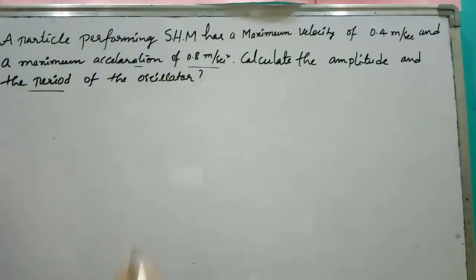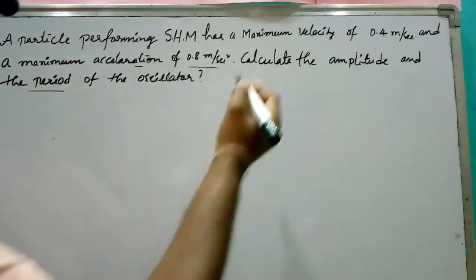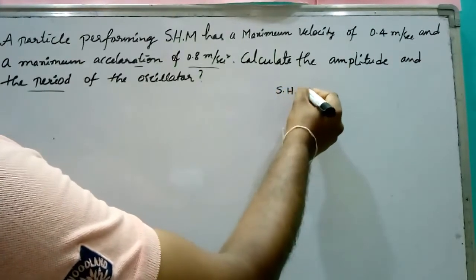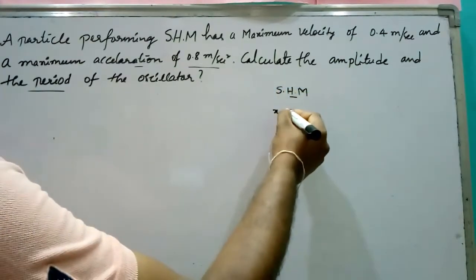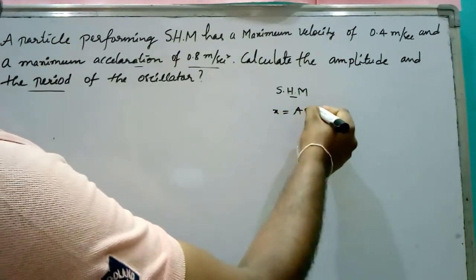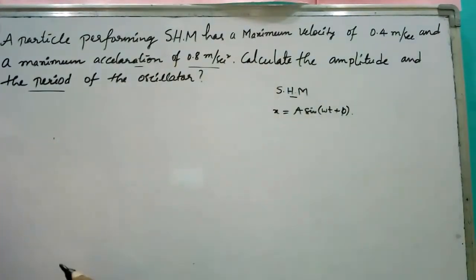Before going to solve this problem, first we discuss the displacement equation of simple harmonic motion, that is x equal to a sine of omega t plus pi. Already we know that.